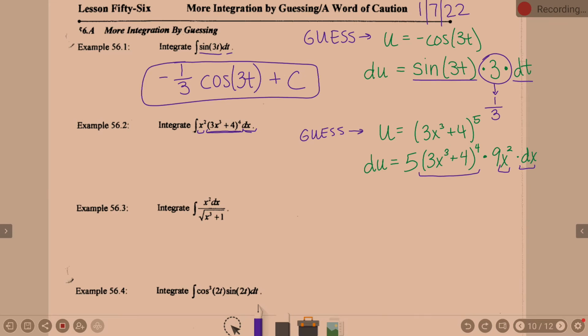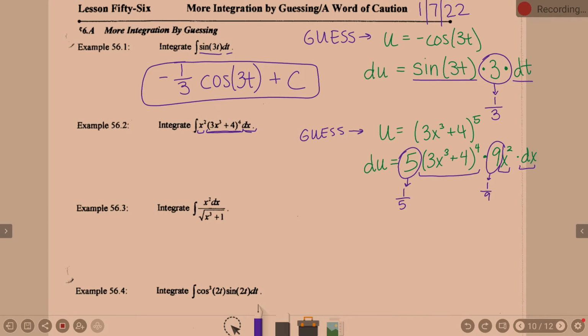So we have a 5 and a 9. So we have an extra 5. How do you compensate for an extra 5? You're going to have to multiply by 1/5. We also have an extra 9. How do you compensate for an extra 9? You're going to have to multiply by 1/9.